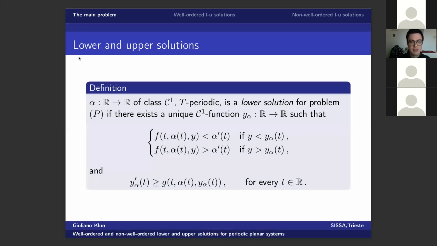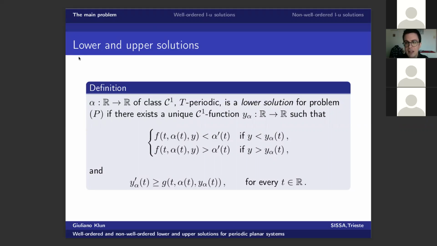More precisely, in this setting, we take a more general definition of lower and upper solution for this kind of problem, namely alpha from R to R of class C1 and capital T periodic.